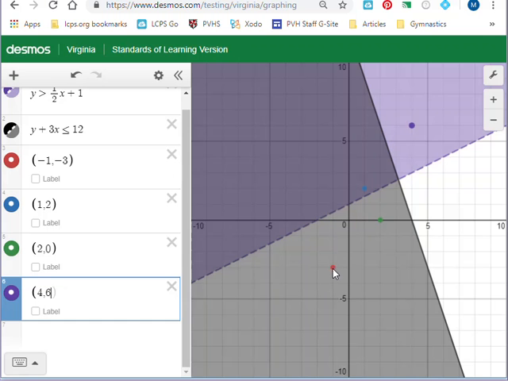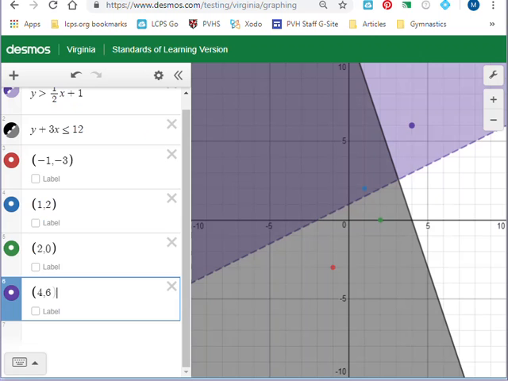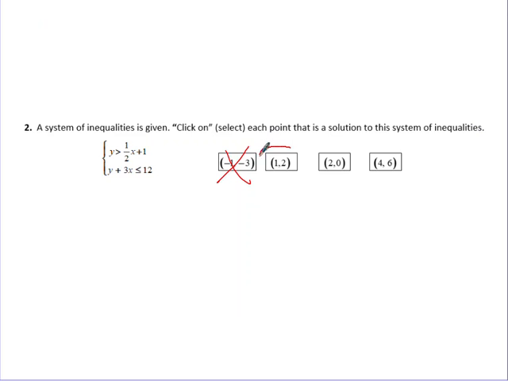So our first point, (-1, -3), is not in the double shaded area. It is in the area that is only shaded black. So that is not a solution. Our second point, (1, 2), the blue point, is in the double shaded area. So that is one of our solutions.